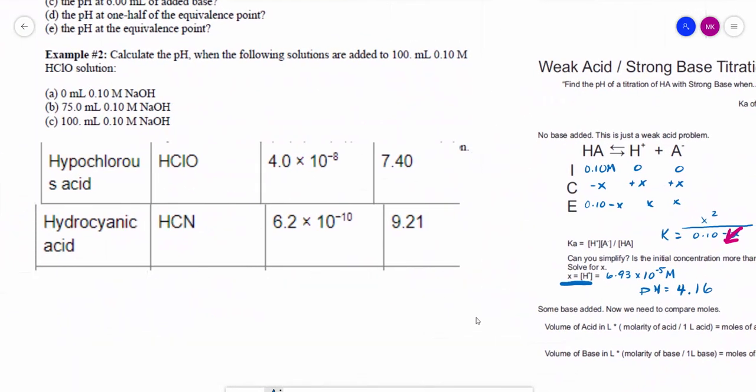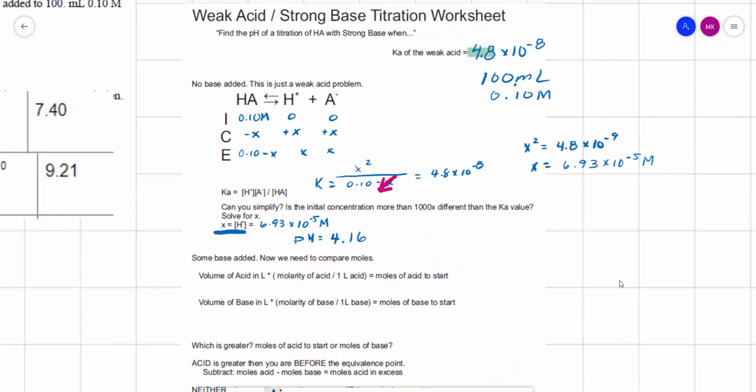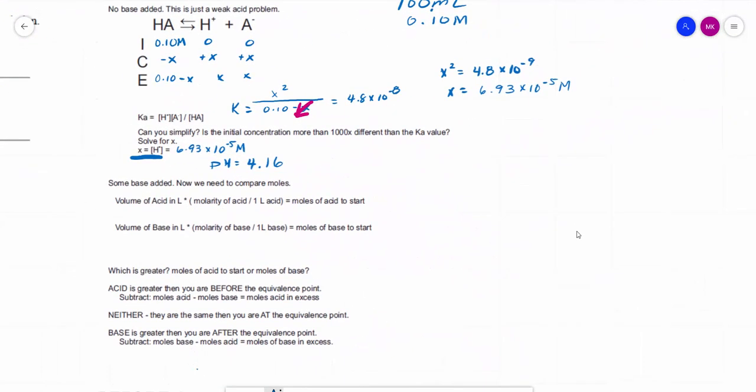Now we're going to add some base, and example 2 is what we're working on, 75 milliliters of a 0.1 molar solution. So that's 0.10 moles per liter. But my acid volume, I had 100 milliliters, so 0.100 L times 0.10 mole per liter.